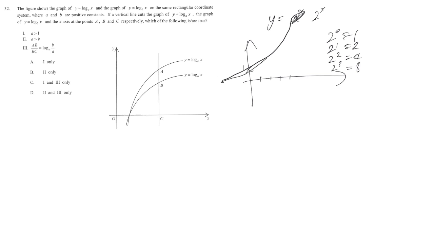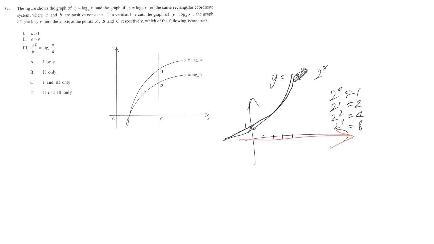This is the exponential graph. Okay, so the reverse is the logarithm. So you imagine that you flip the red line and the blue line. You are changing the input and output. So the red line flips to this position, and the blue line flips to this position.